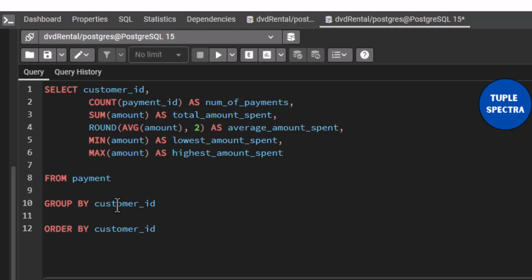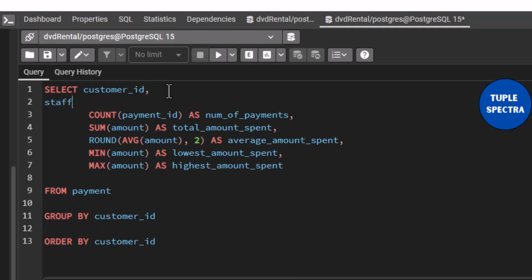An example is, what if you have been asked to group by both customer ID and staff ID? That is also something you can take a look at. In that case, I will say staff ID. Okay, if you take a look at this now, we have this categorical column, we also have this categorical column, right?